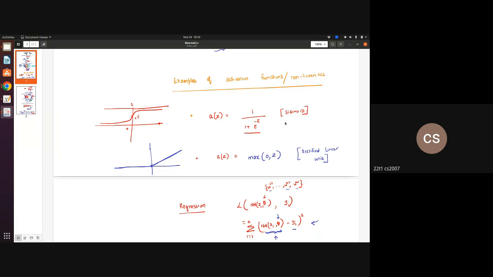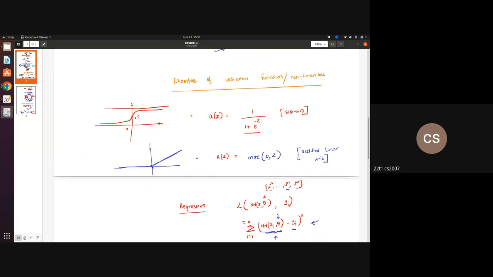Other than sigmoid, there is ReLU. As you can see, this one is ReLU, rectified linear unit. What it does is, if the value produced by some neuron is negative, it will convert that to 0.